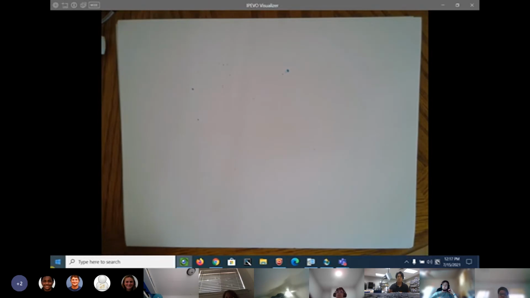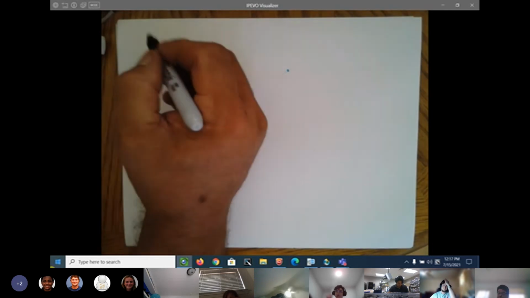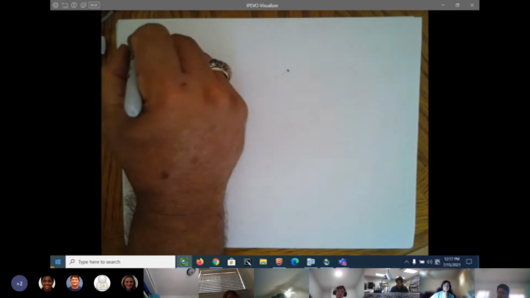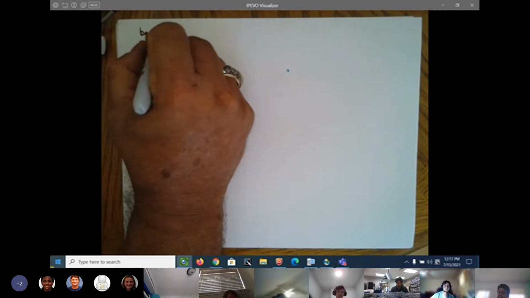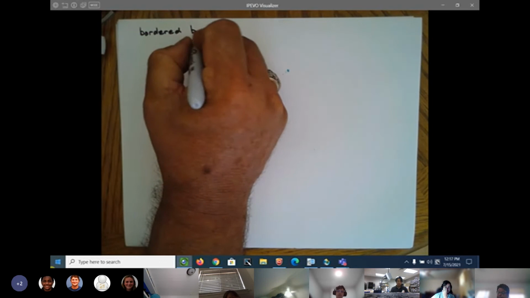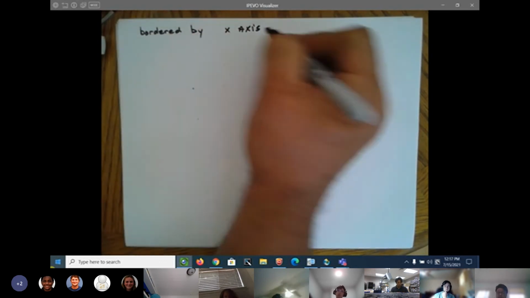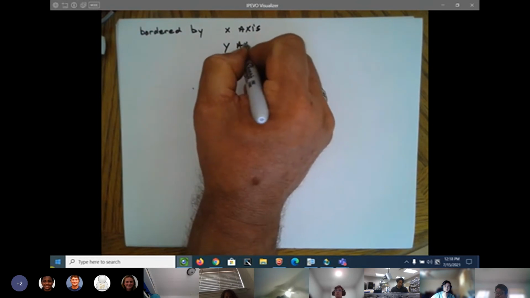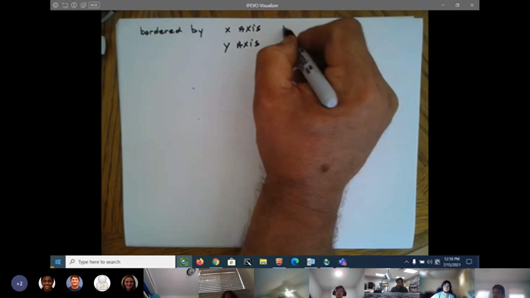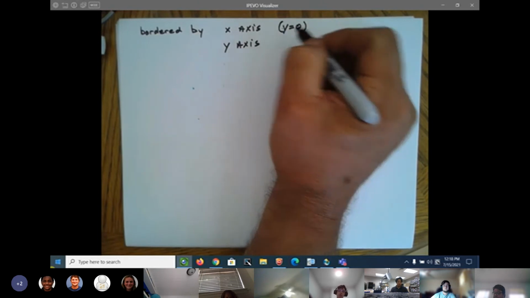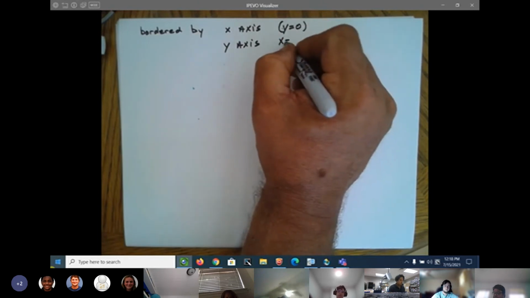All right, so just to go over, to help you remember what we did yesterday, let's go ahead and do this one. This is kind of attached yesterday with today. You got one that's bordered by the x-axis, the y-axis, which means y is equal to 0 and x is equal to 0.